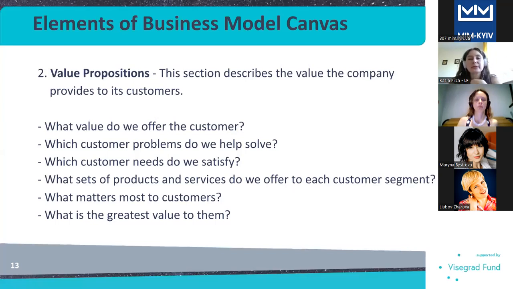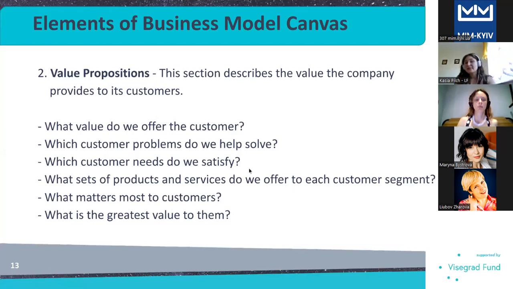The questions you want to ask yourself while developing this part of the business model canvas are: what value does my company offer to my customer? Which customer problems do we help to solve? Coming back to design thinking, what are my customers' needs, keeping that at the heart of the business model canvas.